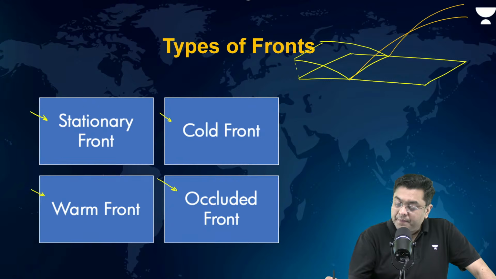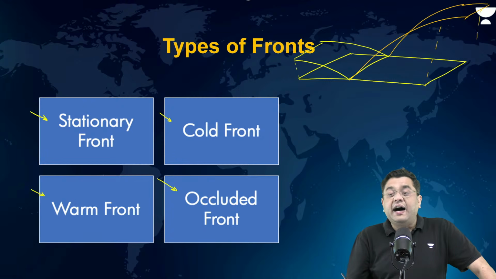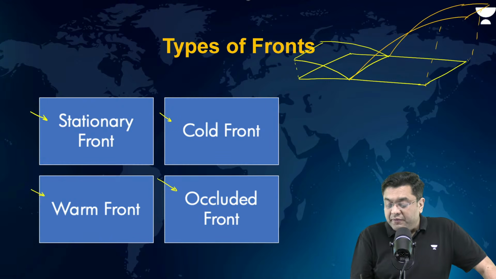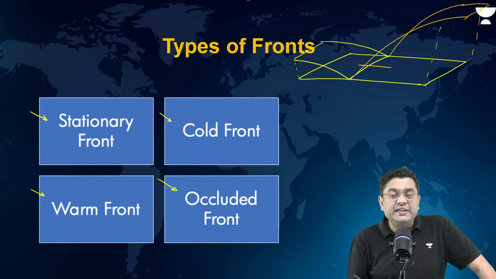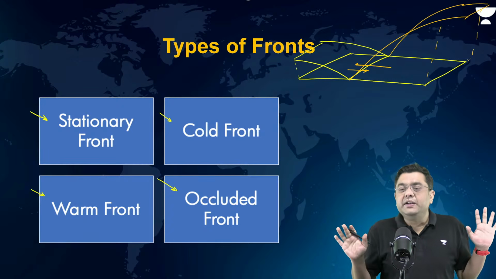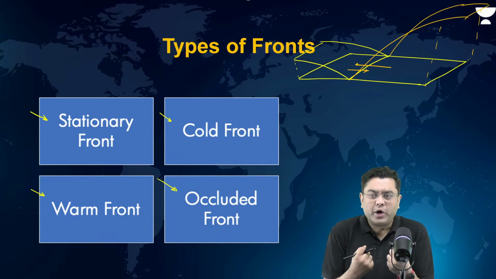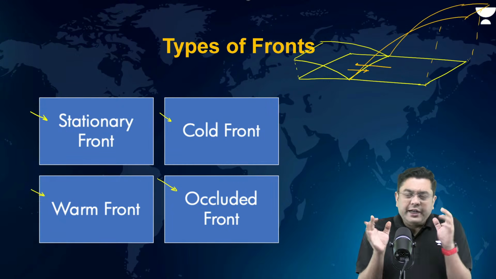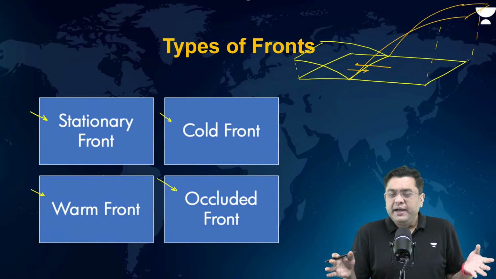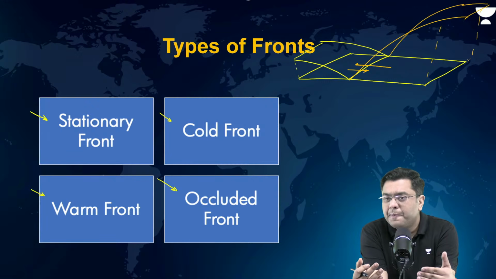Now none of these air masses after reaching here have enough power to enter into each other's territory. They lie stagnant there itself. Stationary means what? Stagnant. They don't have the power, right? That is a stationary front.